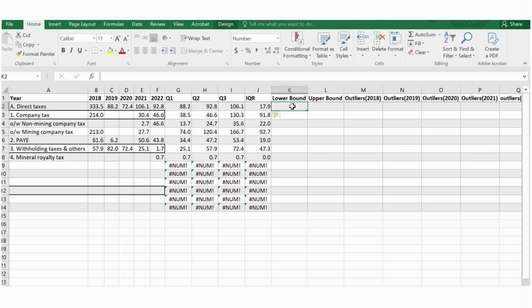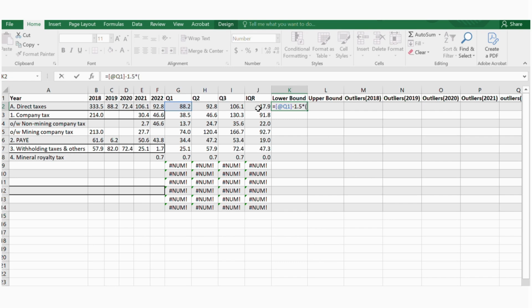Our lower bound is going to be equal to our quartile 1, in this case for direct taxes, minus the multiplication of 1.5 times our interquartile range which we found.